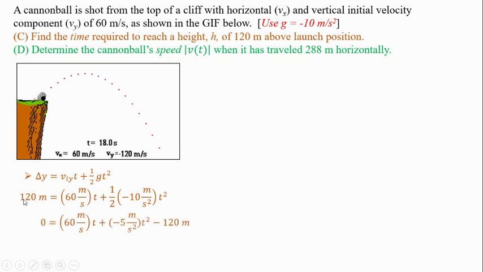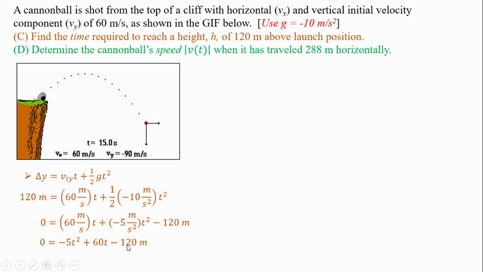By doing so, I need to move this positive 120 over to the right side of the function, which makes it -120. And then I'm just going to rearrange it so that it looks like it's in the quadratic format. So I'll write the t squared term first. 1/2 times -10 is -5 t squared. That's the highest exponent, so I'll write -5t squared. The next term is the term with the t, which is 60t.